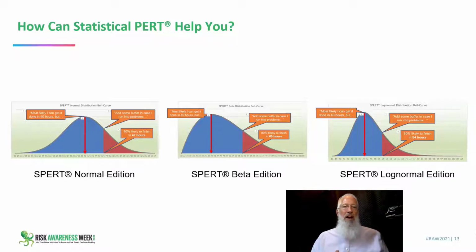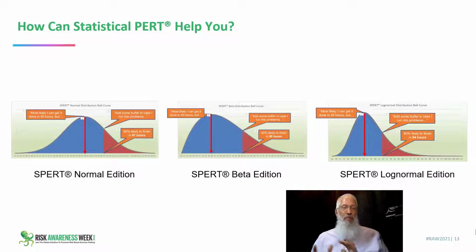Each of these models allow you to take some sort of uncertainty that you are dealing with and represent that uncertainty using probability distributions that are functions built into Microsoft Excel, but you don't have to interact with those statistical functions directly.